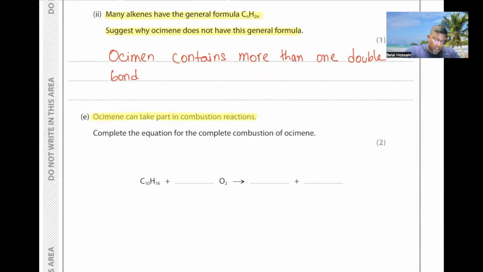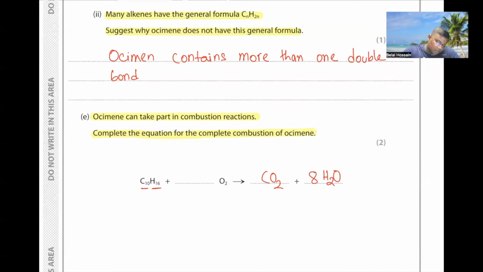Ocimene can take part in a combustion reaction. Complete the equation for the complete combustion of ocimene. So C10H16, when it reacts with oxygen, complete combustion is going to produce carbon dioxide and water. To balance this out, we'll have to see how many hydrogens we have. So 16 hydrogens. To balance it up, we're going to put 8 H2O, which balances 16 hydrogen.